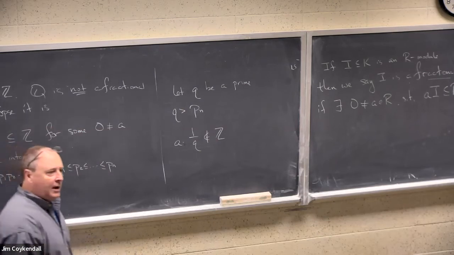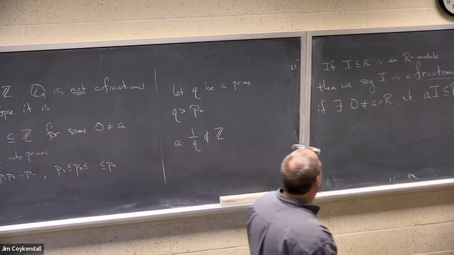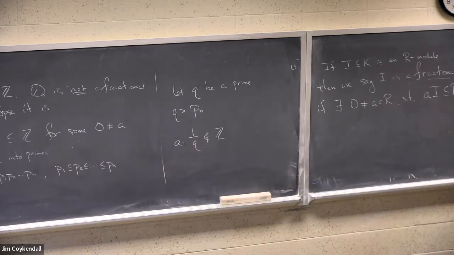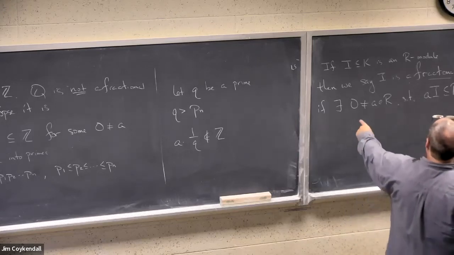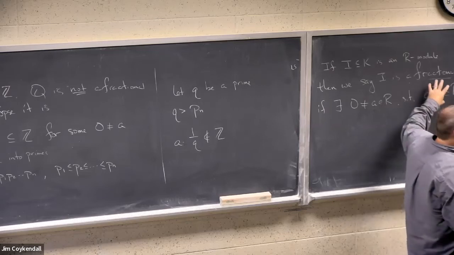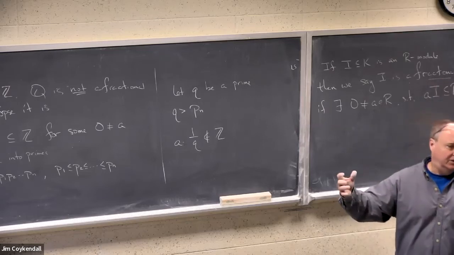And actually, I do this example for a purpose, and the purpose is to kind of justify this. Why do we have this condition here? It's a finiteness condition that we will need for some of our results later. What this condition says is you can find a non-zero A in R such that AI is contained in R. I is this big orgy of fractions, right?